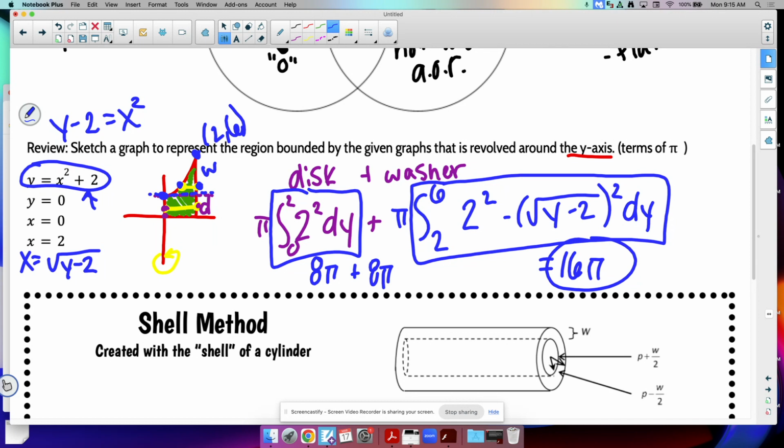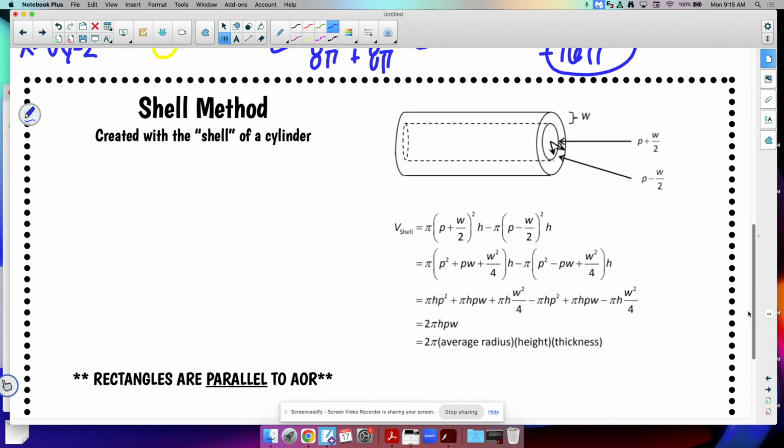Okay, we are adding on the last way we are going to find volume, and it is called the shell method. The shell method is pretty much the same thing, except a disc or a washer takes one rectangle and rotates it around, and that's how you create your figure. It's like one little rectangle rotates around, and you just keep doing that.